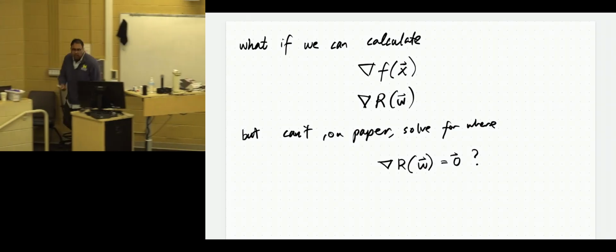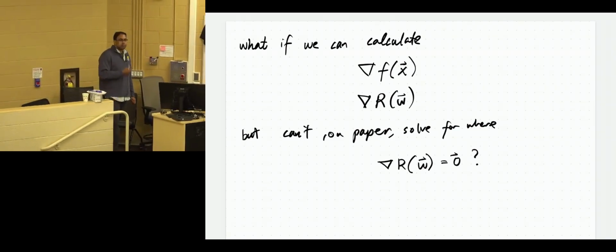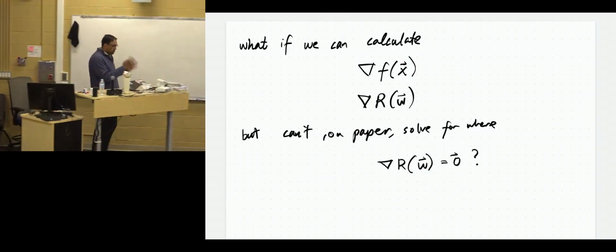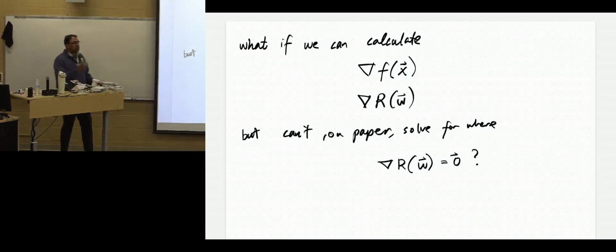That is the type of function I want us to think about now. Okay? One where the gradient exists, you can find it, you can write it down on paper, but you can't solve for where it is equal to 0.